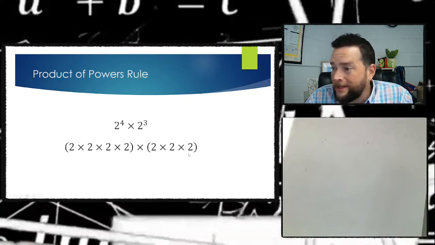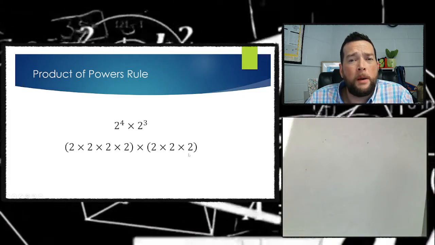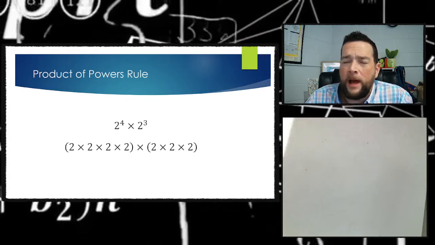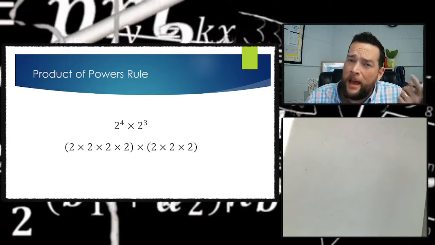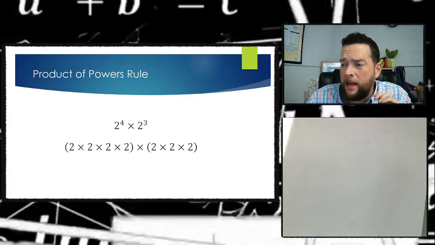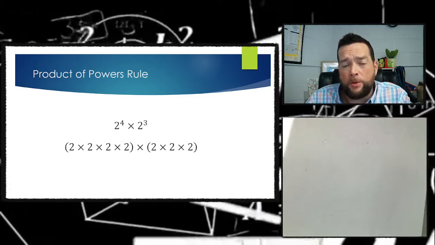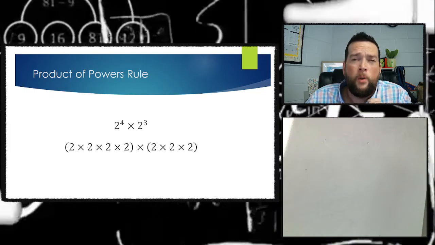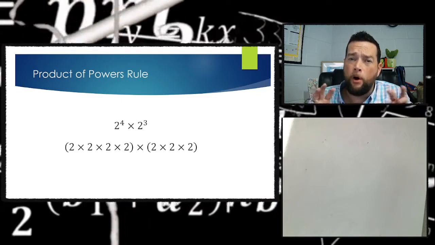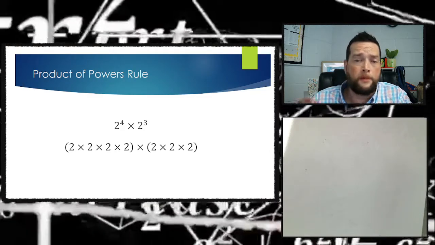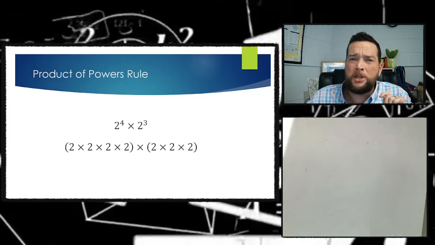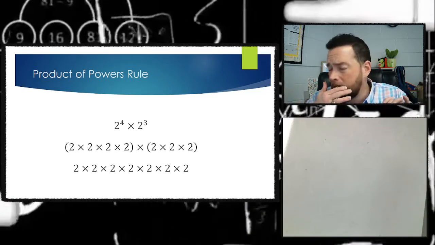And now I notice I have a whole bunch of numbers that are being repetitively multiplied. The number 2 is being repetitively multiplied, which I know is exponents. Exponents is repetitive multiplication. So in this case right here, I have just multiplication between all the numbers, which means I can apply the associative property of multiplication, which means if I'm multiplying numbers, I can group them any way that I'd like to in order to be able to multiply them, which essentially means I can drop the parentheses in this case.